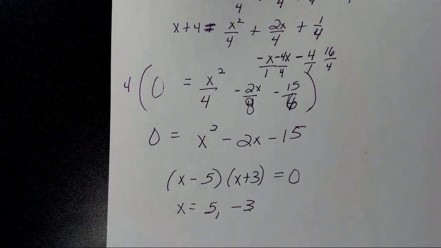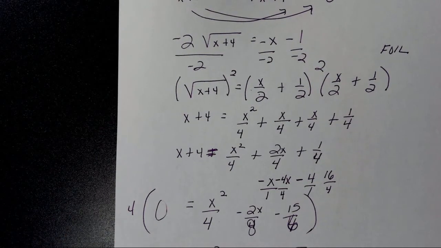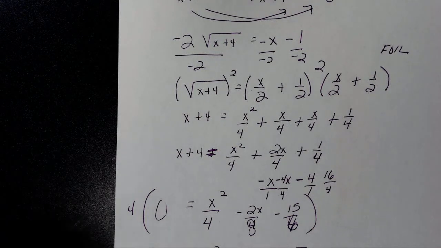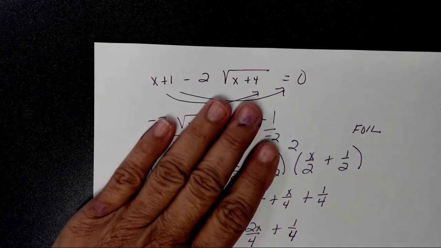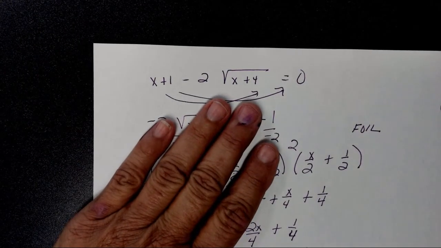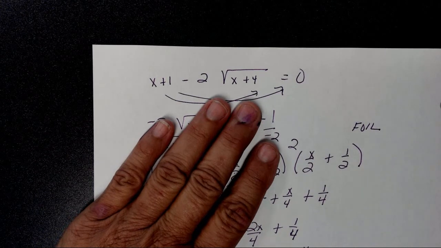All right, so now here's my dilemma. I'm going to go check. If it doesn't check, does that mean I automatically made a mistake, or could it be that it's extraneous? Because what was my parent? Square root, which has a restriction on its domain.